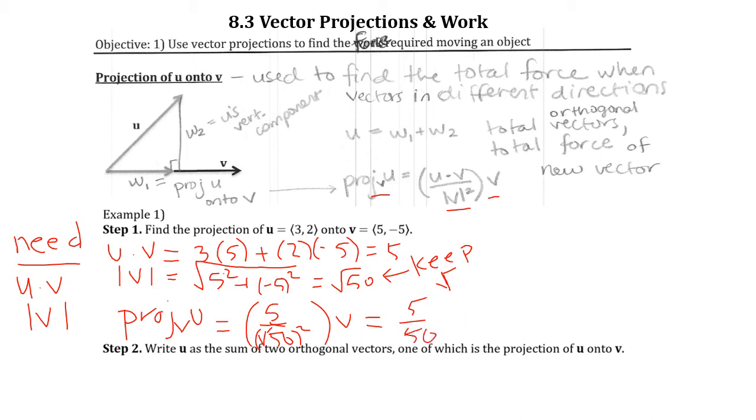See how that worked out nicely. And I'm going to go ahead and put the vector V now. Actually, yeah, 5, negative 5. But this reduces again, so I'm going to reduce that again before I multiply it. So that's 1 over 10.